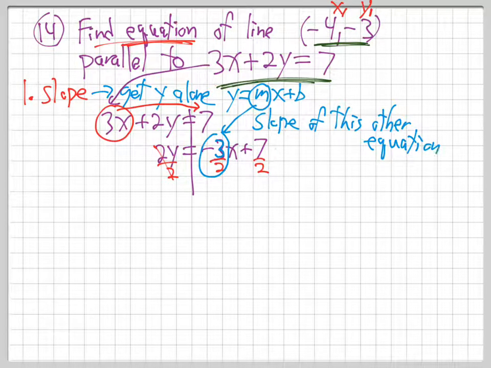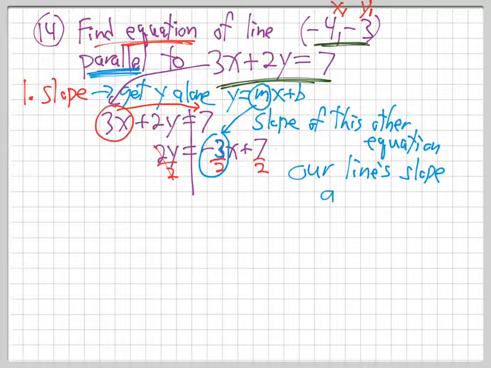That's the slope of this other equation, and ours is parallel to it. Ours is the same. So our line's slope is also negative 3 halves, isn't it? Because our slope is parallel to that one's slope.